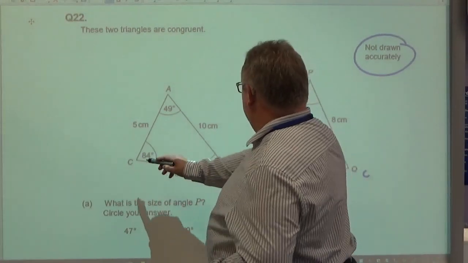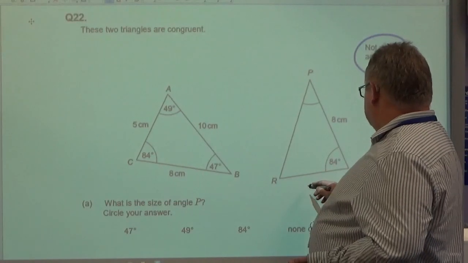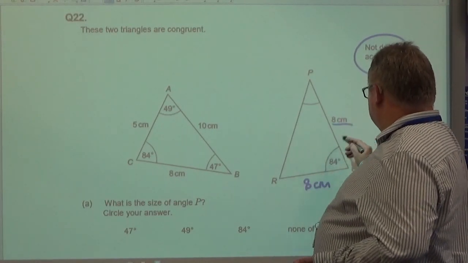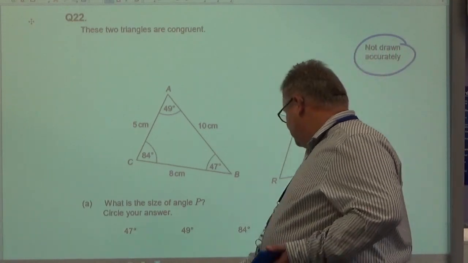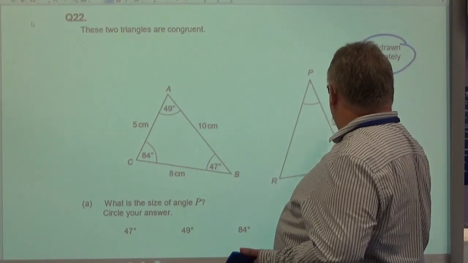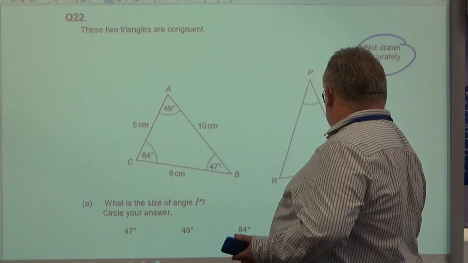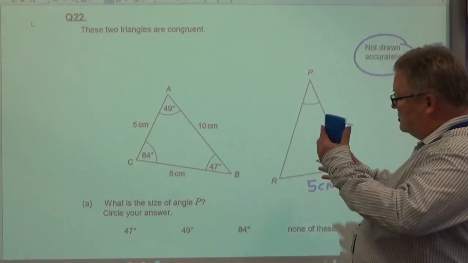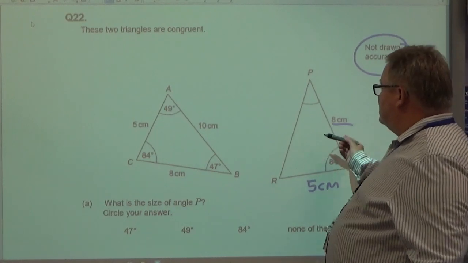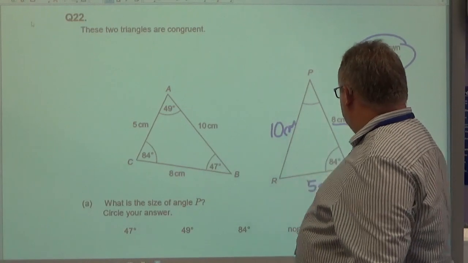Oh no, that's our 8 centimetres there, isn't it? So we've got our 84 there, so that's 8, and that is going to be 5 centimetres. It's just throwing me because of the orientation of them. So now we know that the last one's going to be 10 centimetres there.